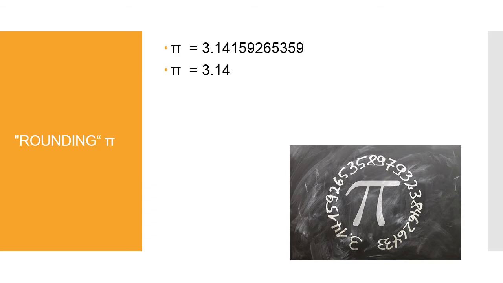Previous example, this would be slide, rounding pi. 3.14159265359. Most of us, 3.14, close enough.